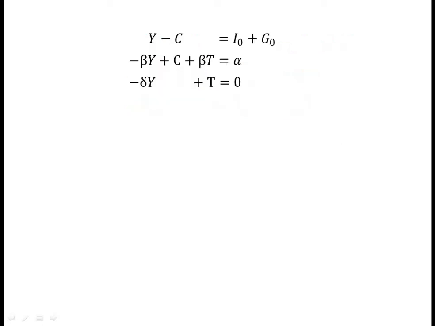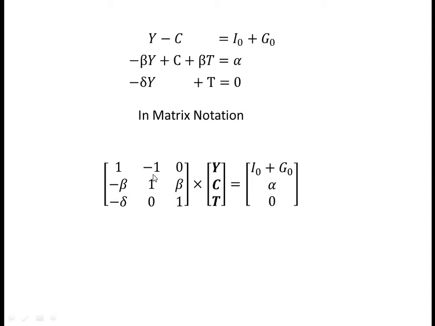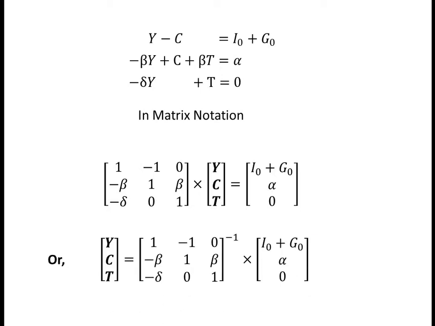Therefore, the matrix notation of these three equations is the matrix of [1, minus 1, 0; minus beta, 1, beta; minus delta, 0, 1] multiplied by the column vector of Y, C, T, equal to the column vector of I naught plus G naught, alpha and 0. Or the variable vector Y, C, T is equal to the inverse of the coefficient matrix multiplied by the column vector of I naught plus G naught, alpha and 0.